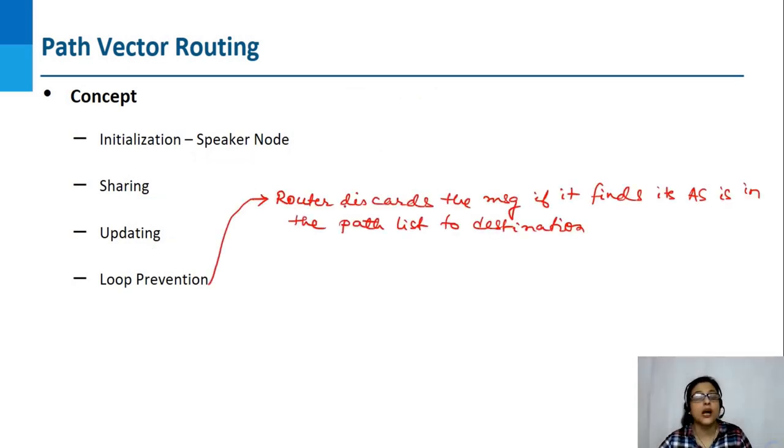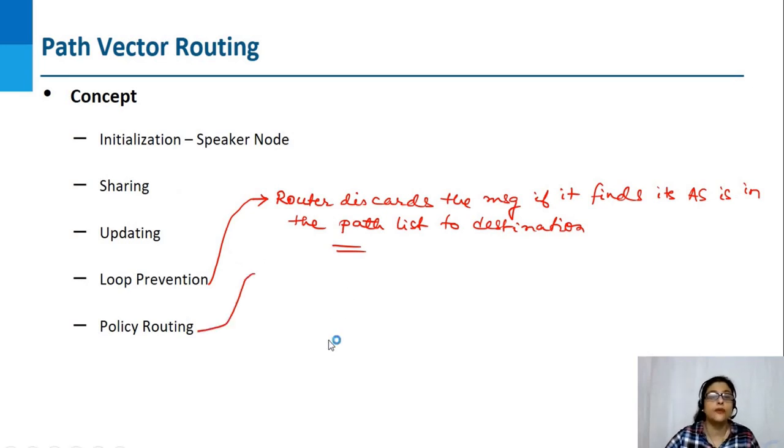The router should discard the message if it finds that its autonomous system is in the path list to the destination. So this would definitely prevent the loop as it is caused in distance vector routing, which basically causes the instability.